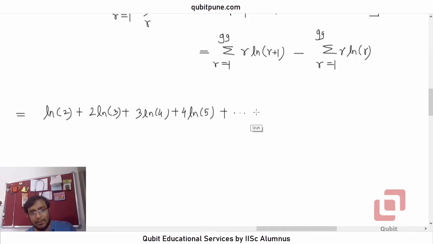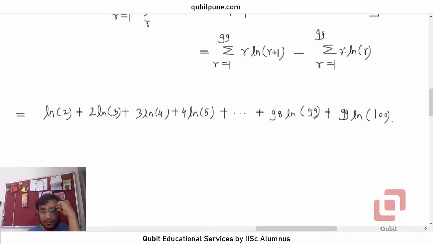Suppose r is 98, it will be 98 ln 99, and the last value 99 ln 100. Now suppose we write r as 1. So 1 ln 1, that is 0, so we will not write it. Let's go to 2 ln 2. And everything will now have a negative sign, so let's put just a minus outside.